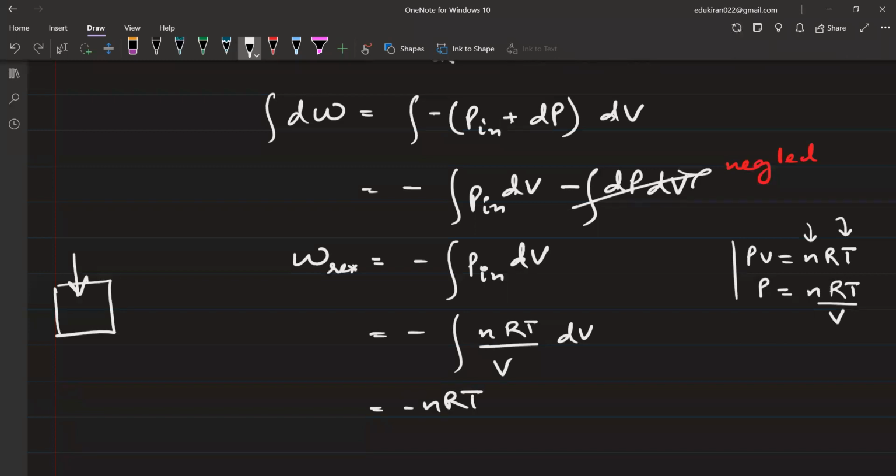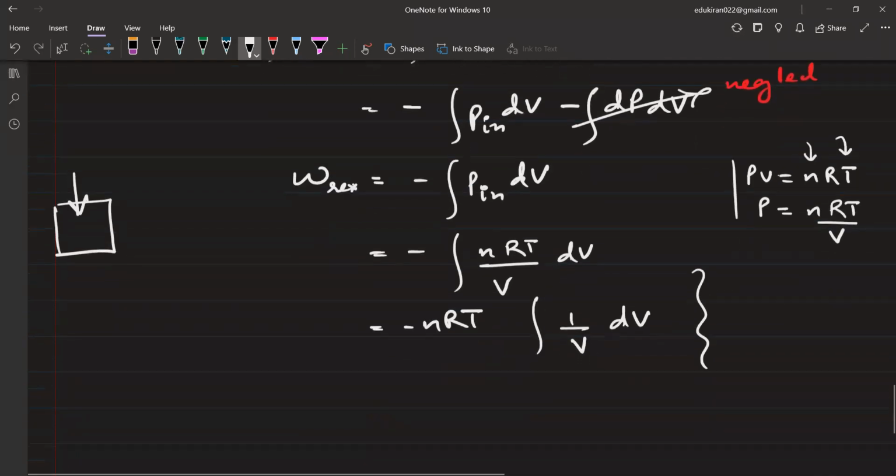Minus nRT is outside, and you have the integration of 1 upon V into dV. The integration of 1 upon V is ln V, the log of V, so minus nRT ln V in square brackets with V final and V initial, or V2 minus V1.